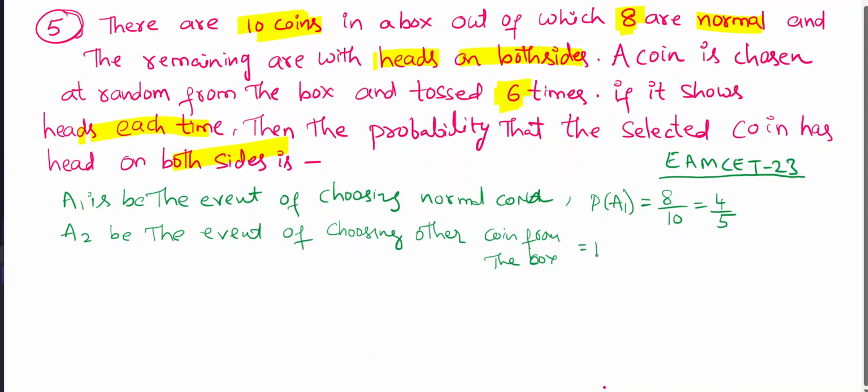That is P of A2. So P of A2 is equal to, the other coins are 2 coins out of 10 coins, 2 by 10, that is equal to 1 by 5. Here A1, A2 are mutually exclusive events.